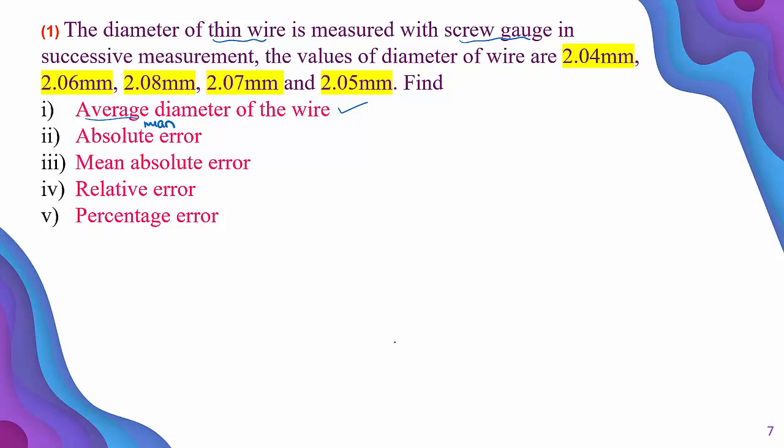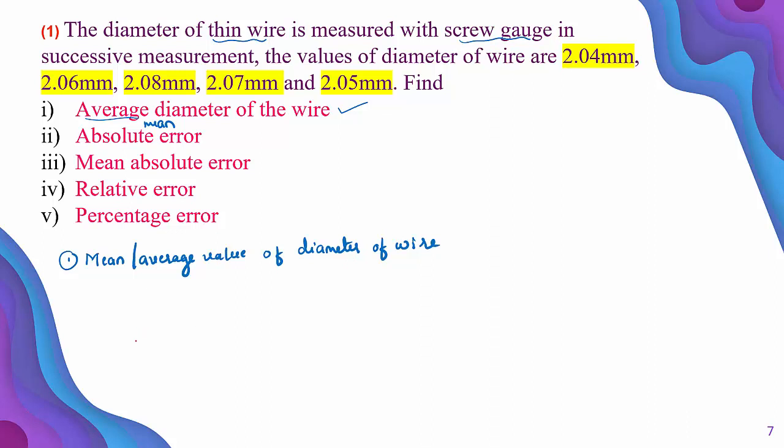Now tell me how to find the mean value of the diameter, mean value or average value. So here I am going to find the first one, that is mean value or average value of diameter of wire.